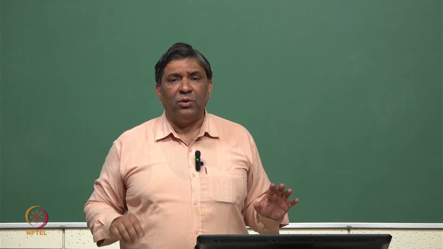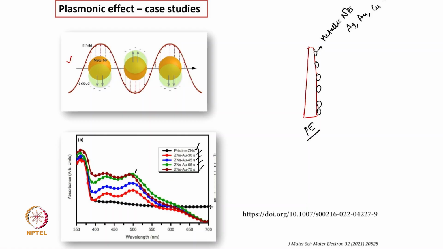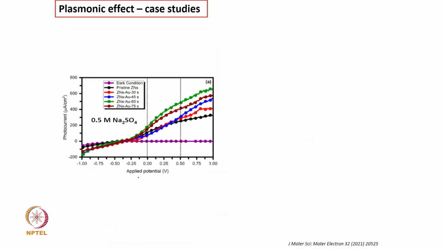In this case, the gold grown for 60 seconds has the maximum absorbance. So let us see how it impacts the results in PEC.